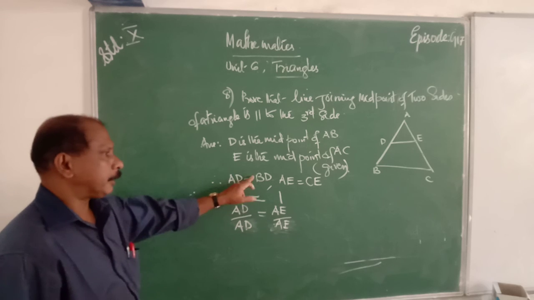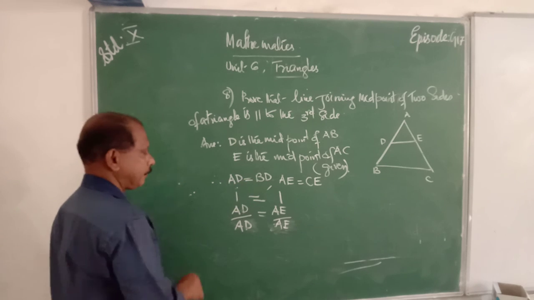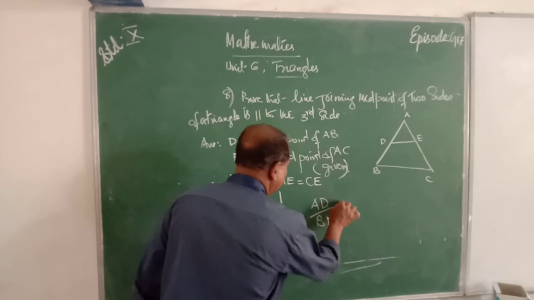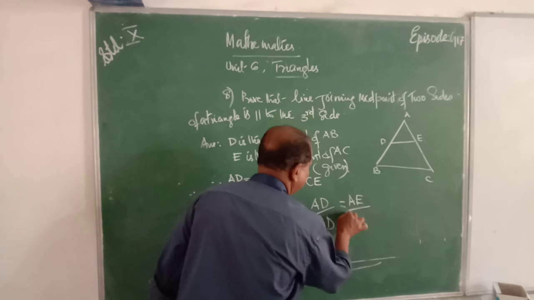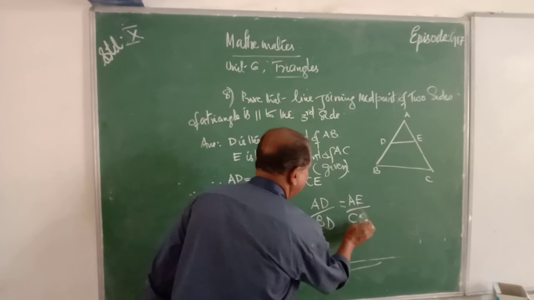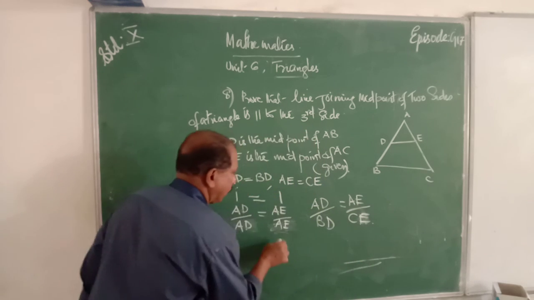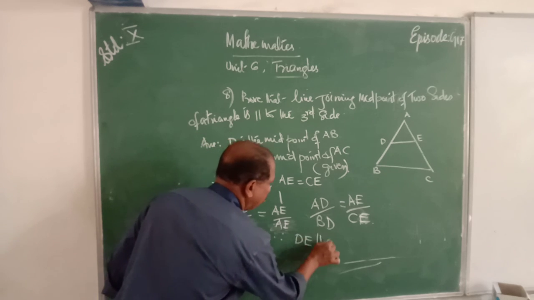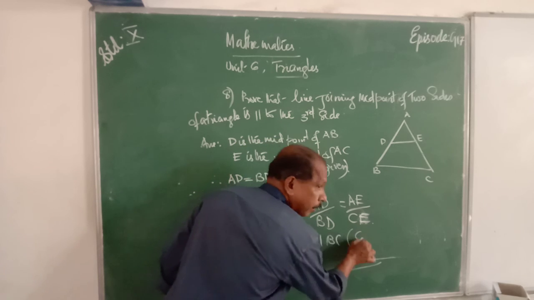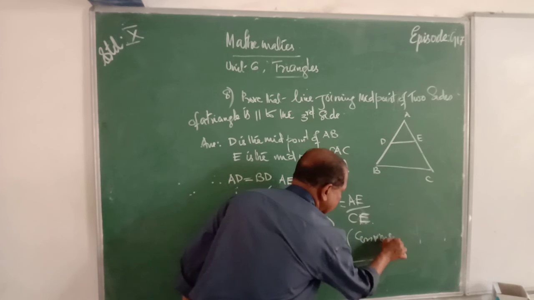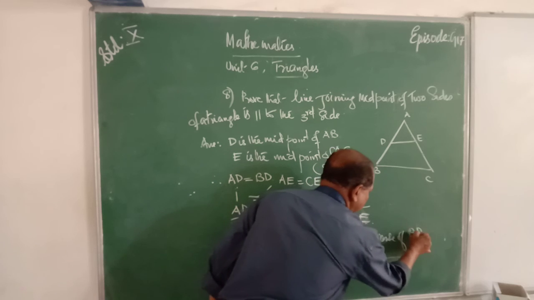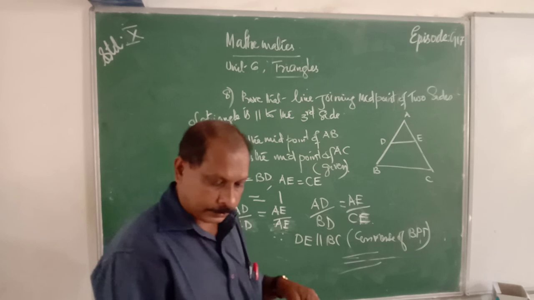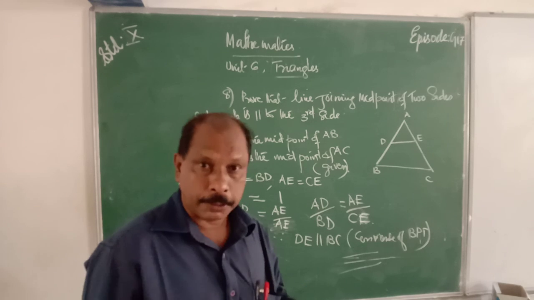Then AD is replaced by BD. That is AD by BD is equal to AE by CE. Therefore, DE is parallel to BC, by the converse of the basic proportionality theorem. Therefore, we conclude this episode. That is episode number 7.